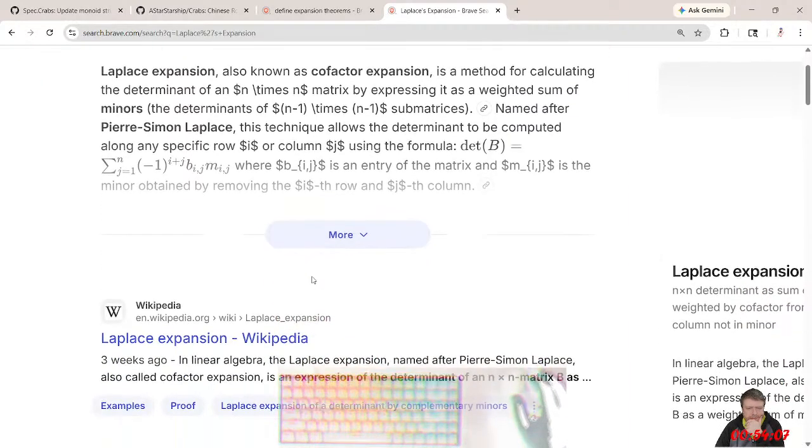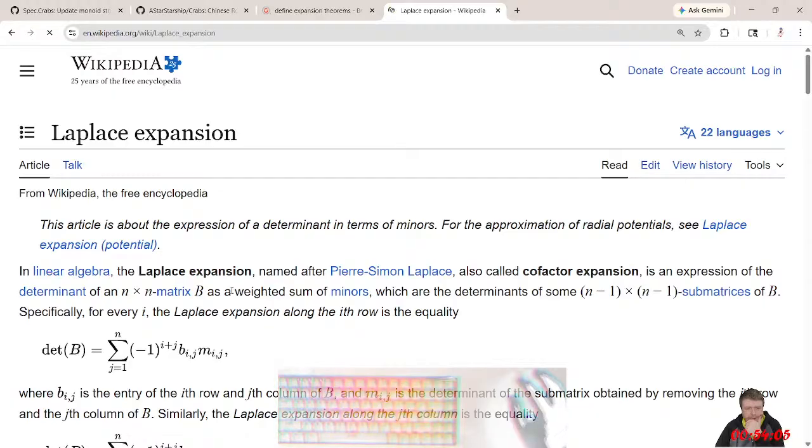Laplace expansion? I remember this. I don't remember exactly what it was.